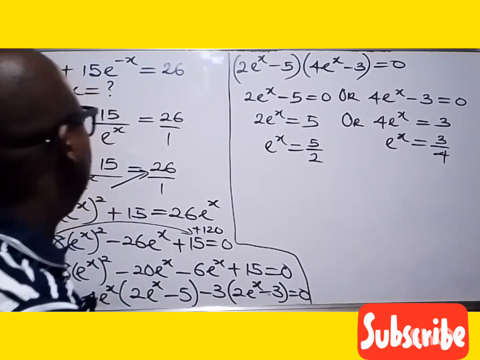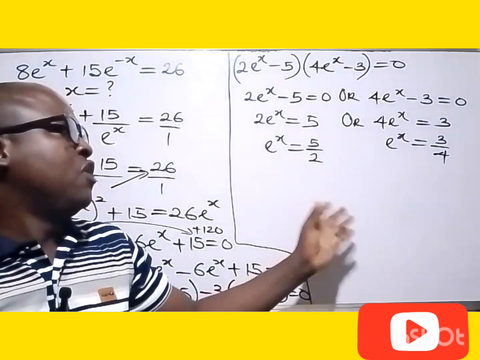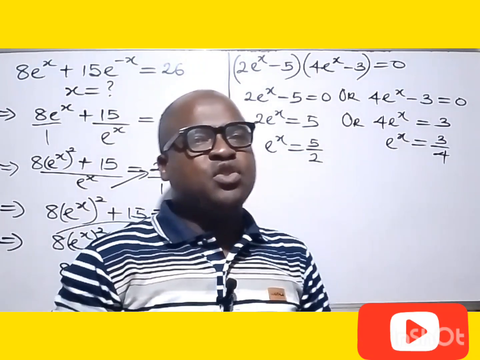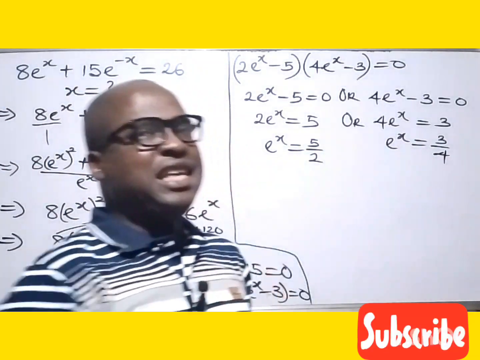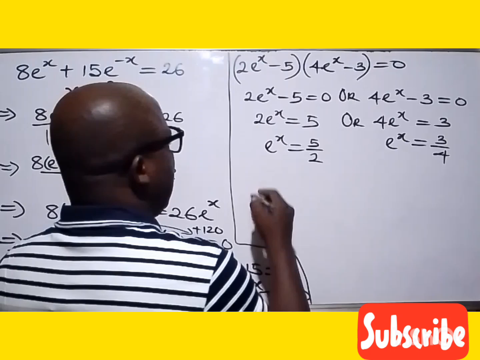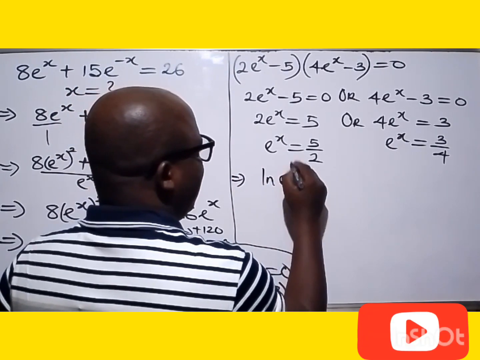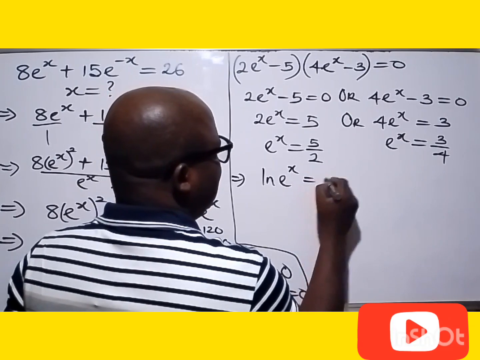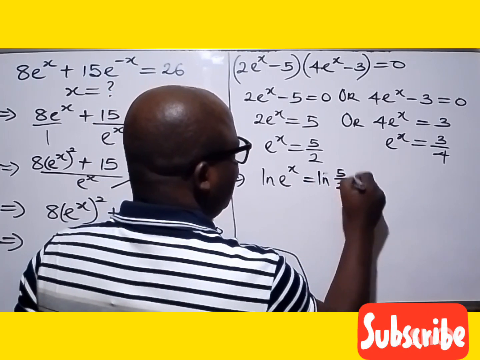Remember, we are asked to find the value of x, not e^x. So for us to find the value of x, we are going to take the natural log of both sides. That means we have ln e raised to the power of x is now equal to ln 5 all over 2.